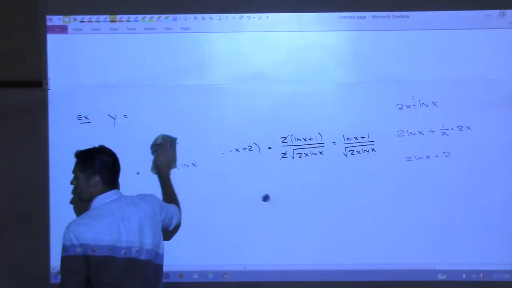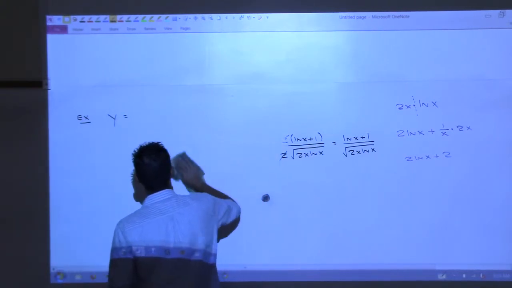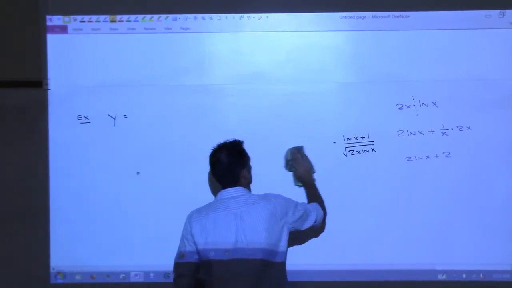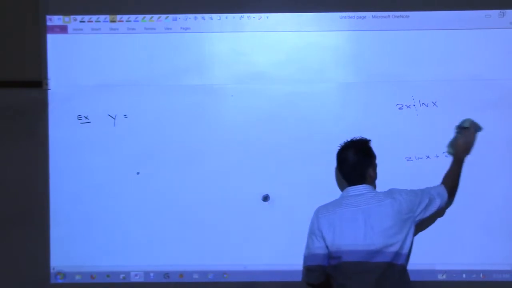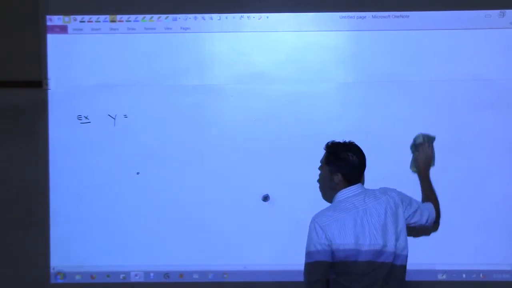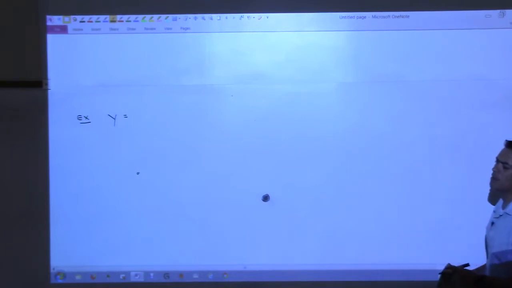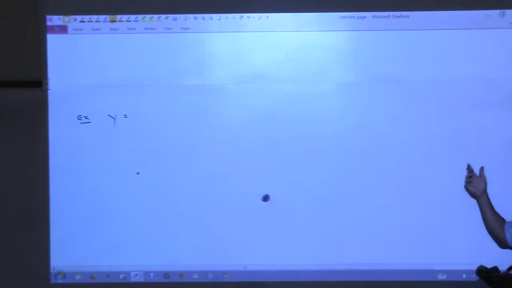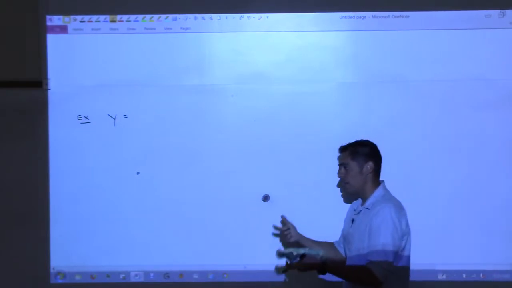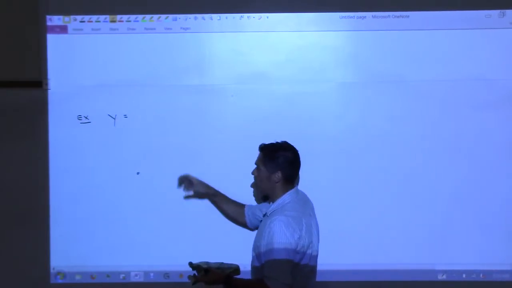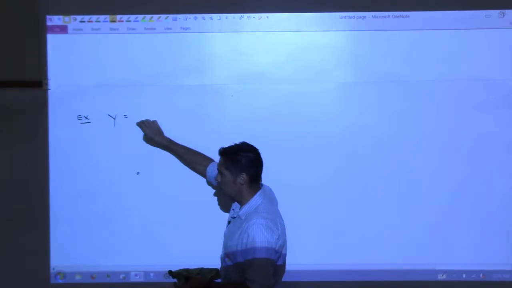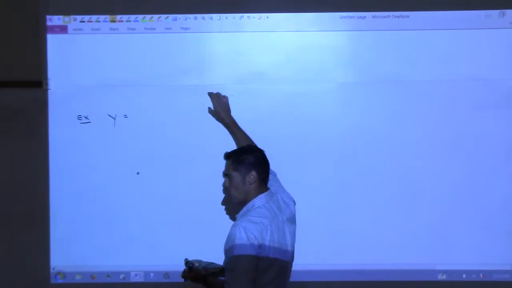Could you have gotten rid of the square root before you took the derivative? So the question is, could I have gotten rid of the square root before I took the derivative? How would I get rid of the square root? By bringing it to like a 1/2. Oh, make it a 1/2? Okay, yes, but then you would still have to do the power rule. Like you would have to bring the 1/2 out and then all that and subtract 1.